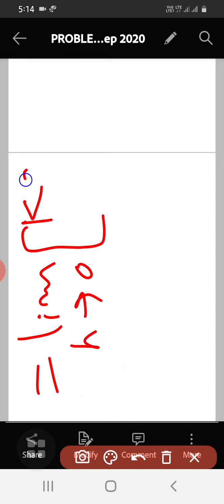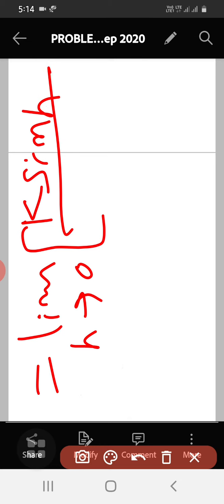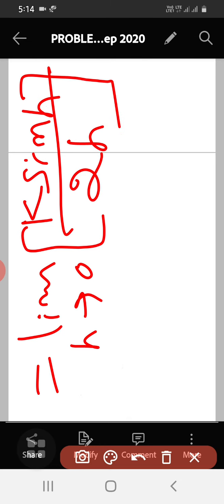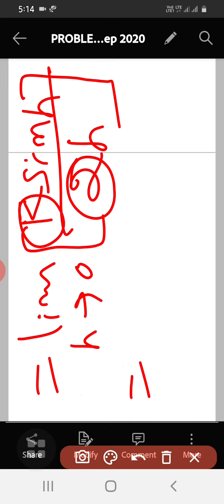So that is limit h tends to 0, k sin h divided by 2h. The k from the numerator and the 2 in the denominator, constants k by 2, come outside the limit.